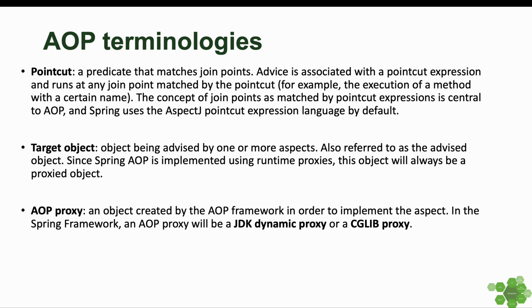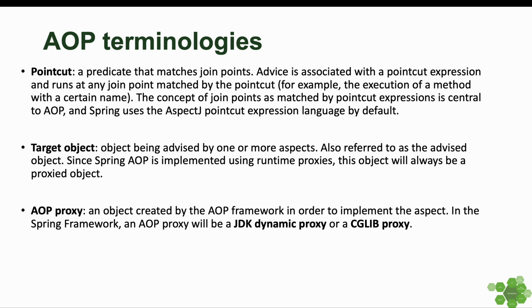Many AOP frameworks, including Spring, model an advice as an interceptor, maintaining a chain of interceptors around the join point. Then you have what we call a pointcut. A pointcut is nothing but an expression that defines a join point. It's like you are giving directions.